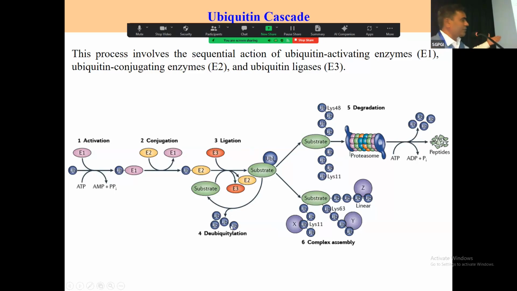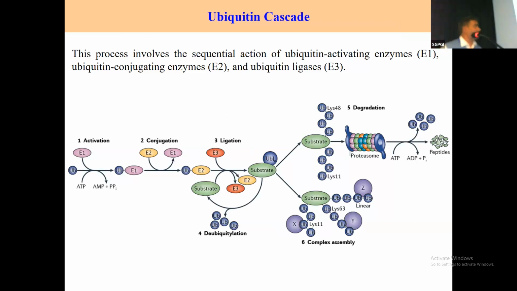When a substrate, for example CBP alpha in this case, is polyubiquitinated by these E3 ligases, it is subjected to degradation by the proteasome pathway. However, simultaneously, certain DUBs keep removing these ubiquitins so that homeostatic levels of the protein are maintained in the cell. So there is utmost need for dynamic equilibrium between the action of E3s and DUBs.